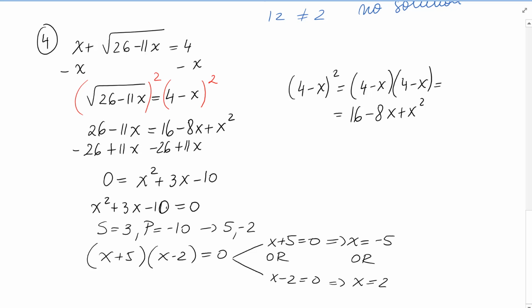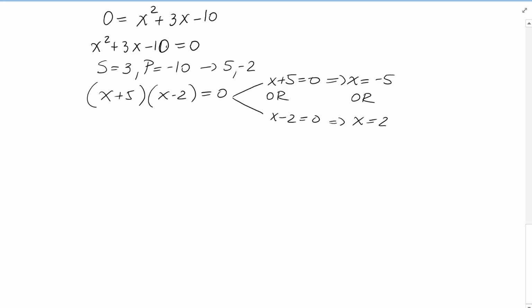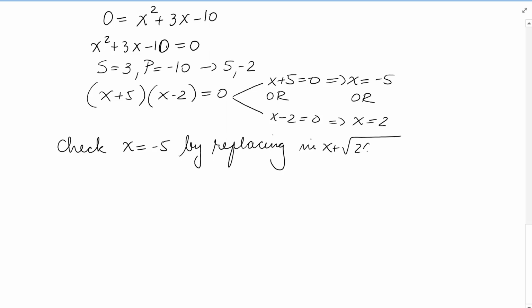But in order for us to check if these are solutions, to actually say that they are solutions, we have to check them. So I'm going to check x equals negative 5 by replacing it in the original problem x plus square root of 26 minus 11x equals 4.